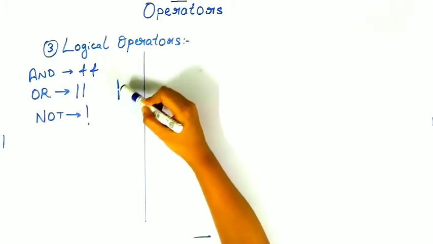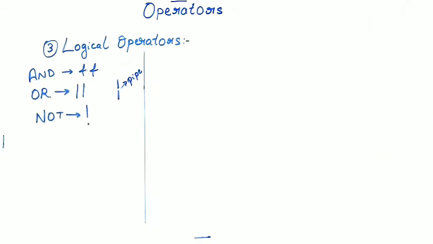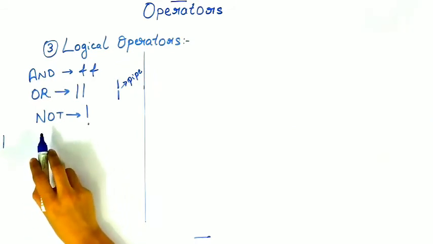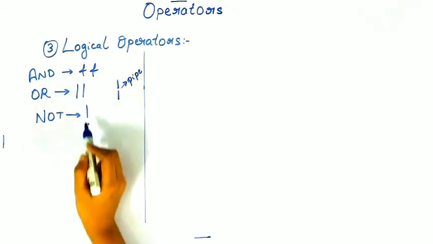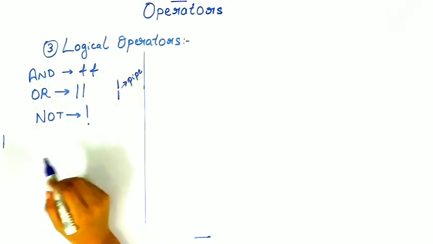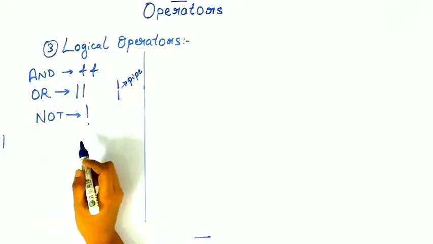This is called the pipe operator. And the third one is the NOT operator. These logical operators work only on the Boolean values, that is true and false.